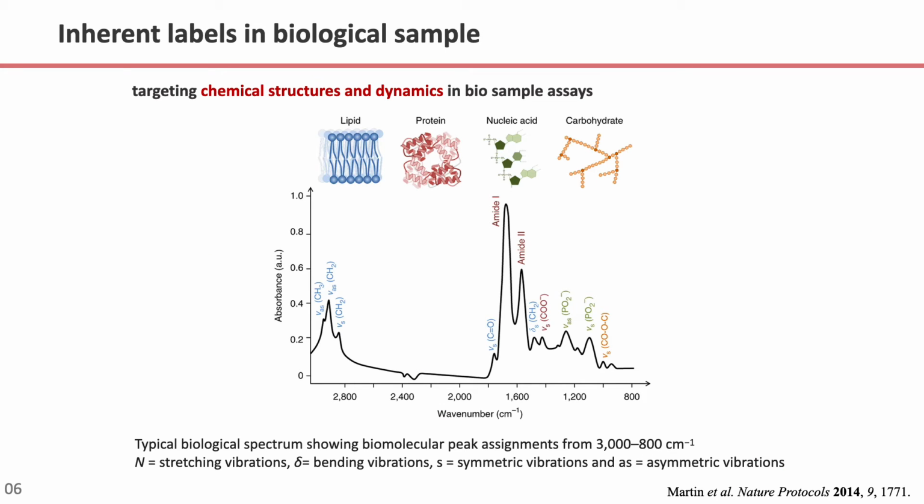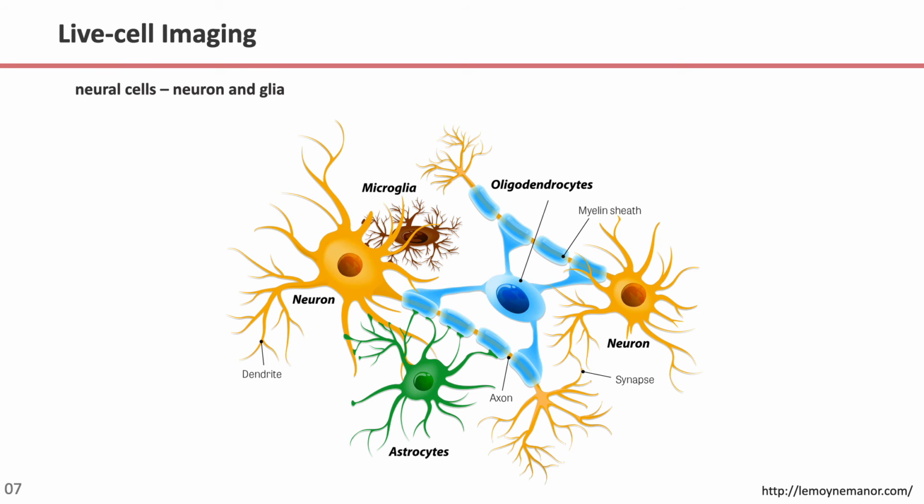And then we tried to apply this technique to the observation of biosamples, as shown in the FTIR spectrum for human breast carcinoma. There are a variety of chemical structures and dynamics to be observed. As a test sample, we prepared neural cells, including neurons and glia.